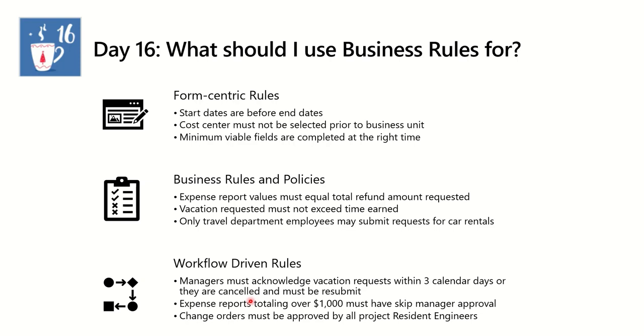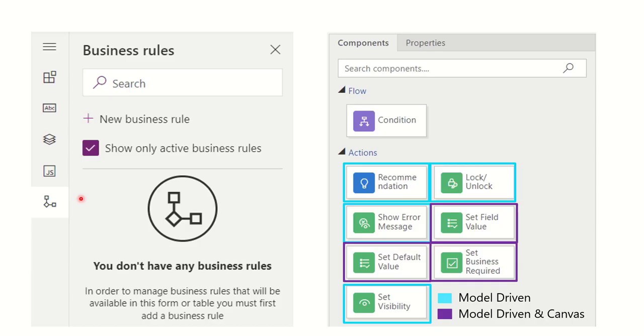Now, there are some scenarios that are only covered by model driven, and I'll show you those. Okay, so in looking at business rules, this is the UI that we're going to look at together. We're going to look at this in real life, but notice the ones that have the lighter square around them.